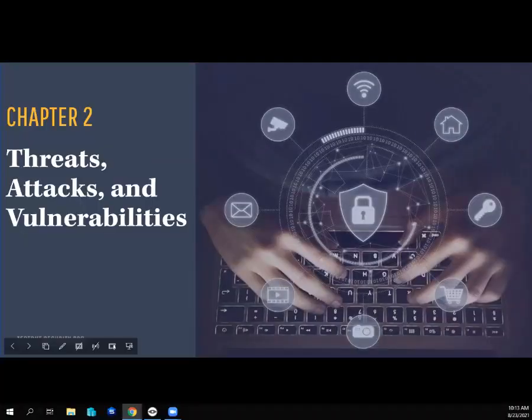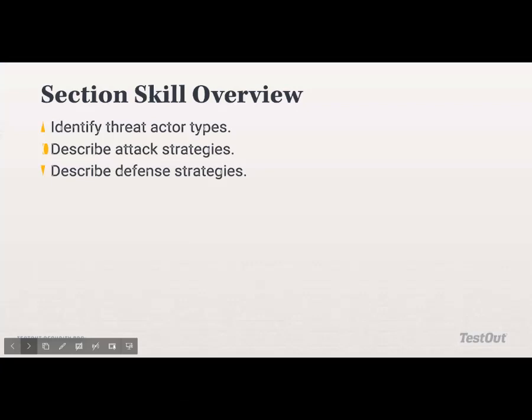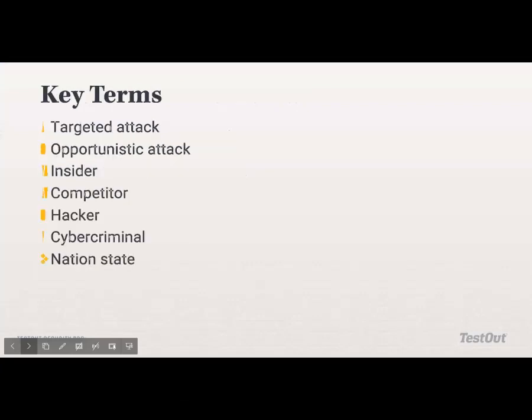Okay, so let's get into chapter 2. We have threats, attacks, and vulnerabilities. Identifying threat actor types, describing their strategies and defense strategies is in this section. So you have a targeted attack. Somebody's targeting you. Why would they target you?